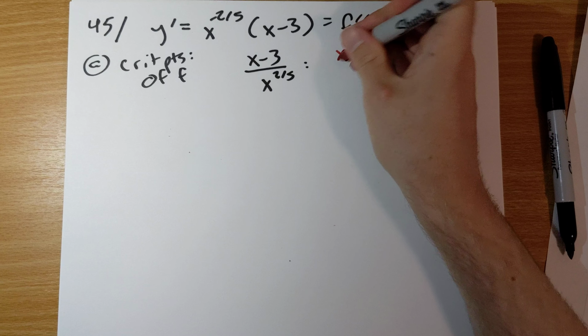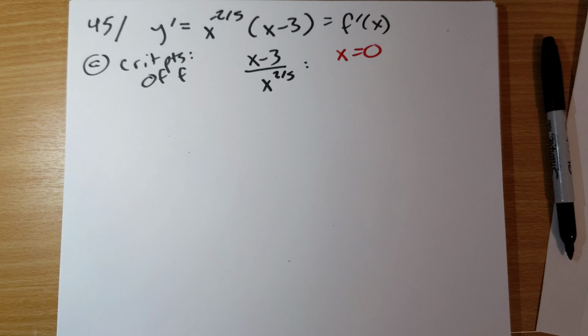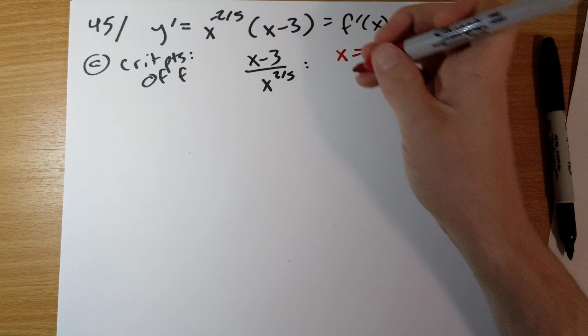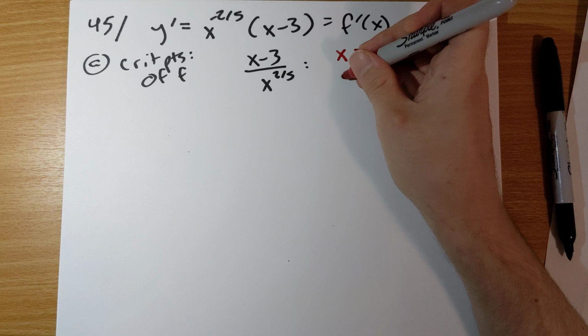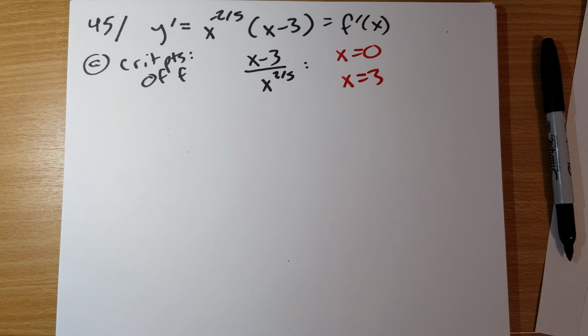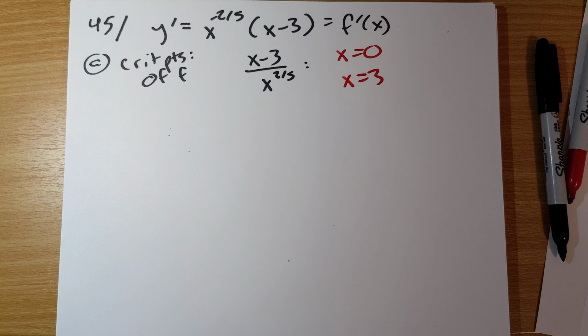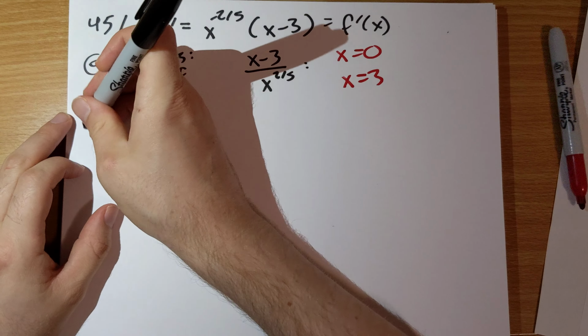One is x is equal to 0. We set x equal to 0, and then we're dividing by 0, so the derivative doesn't exist. And the other critical point is x is equal to 3, because that's when the numerator is equal to 0. So there are two critical points.